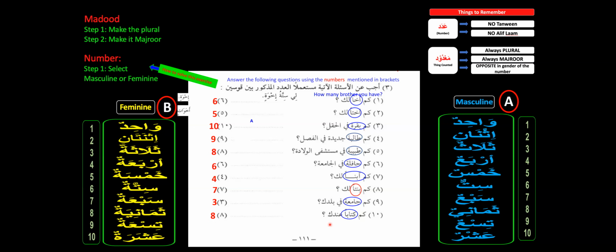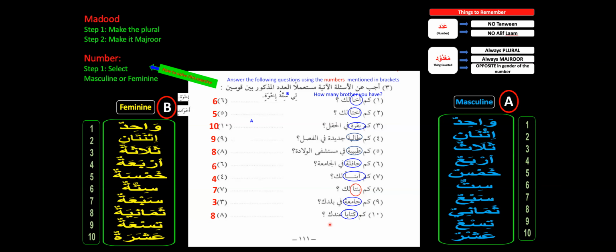Li sittatu ikhwatin. You had number 6, so you chose sittatu, the feminine side of the number. Why? Because akhun is masculine. So you wrote plural majroor, and the number you chose was opposite to the gender of the singular word.